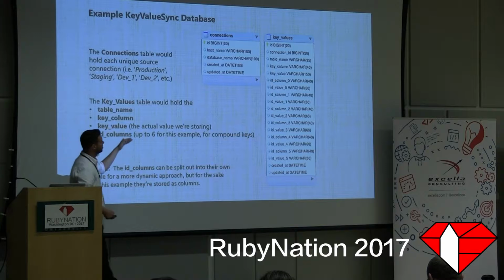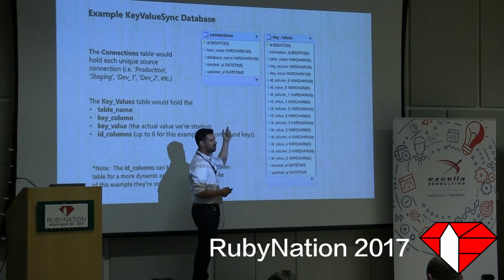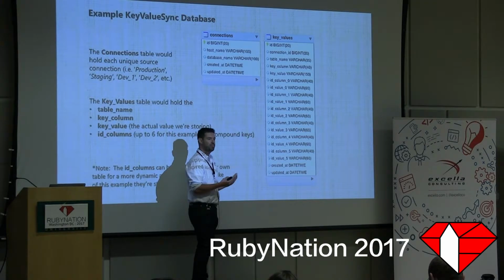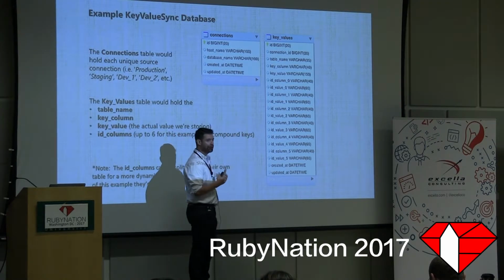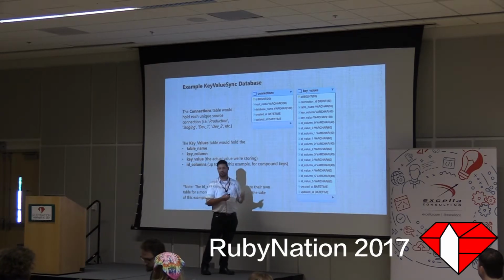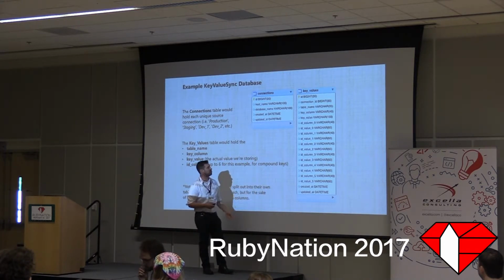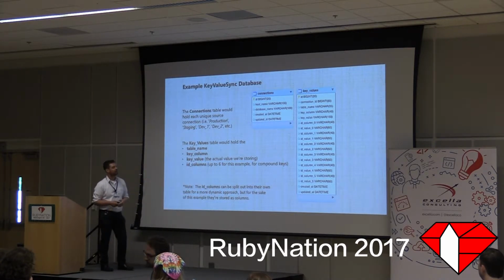And then we link this key values table to that. So this has basically the information that we're trying to sync. It's a basic key value pair. We've got the table name from our source database that we're going to be storing. We have the key column and the key value. This is the information that we want to save and retrieve. And then the ID columns. In this example, I've got like 6 columns defined.